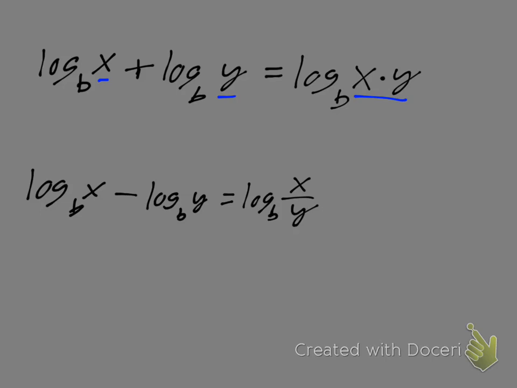Now, the reason these properties work the way they do, I'm not going to write anything, I'm just going to briefly mention it. It boils back to when we had your calculators out, and I told you to put log of 100 in your calculator, and we got 2. Log of 1,000, we got 3, right?